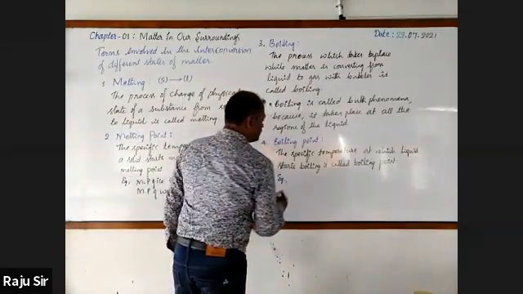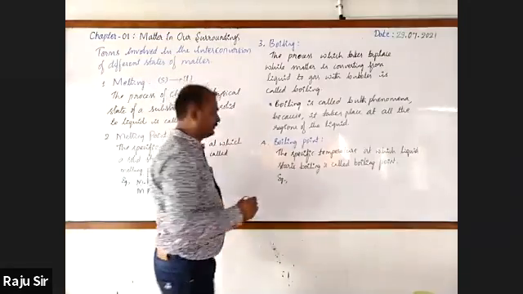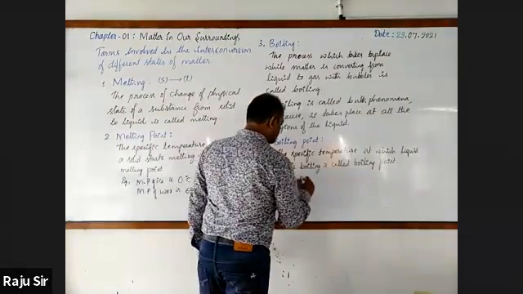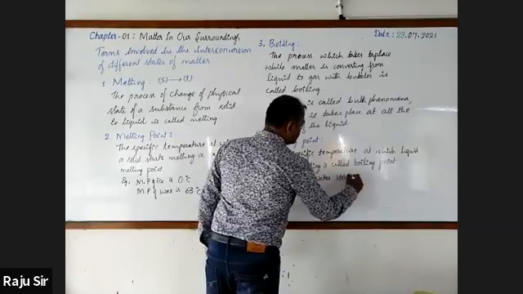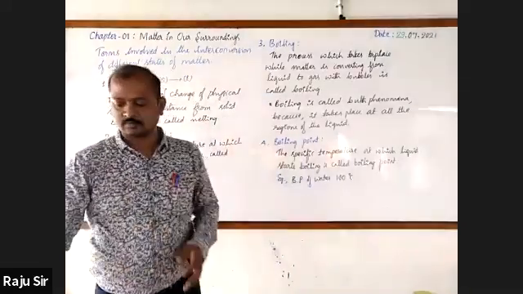Example: what is the boiling point of water? The boiling point of water is 100 degrees Celsius.